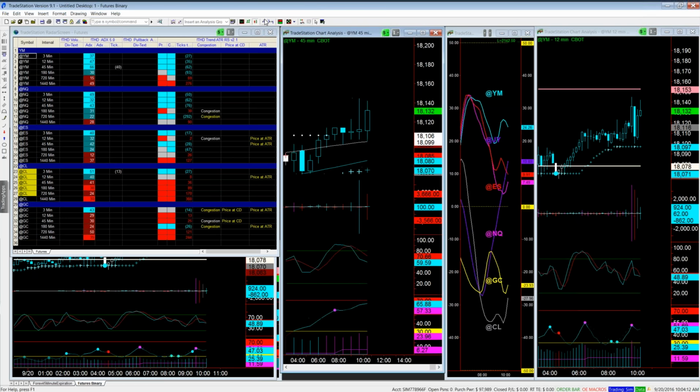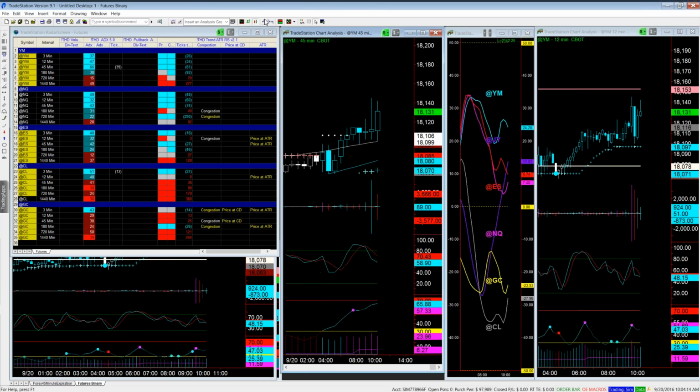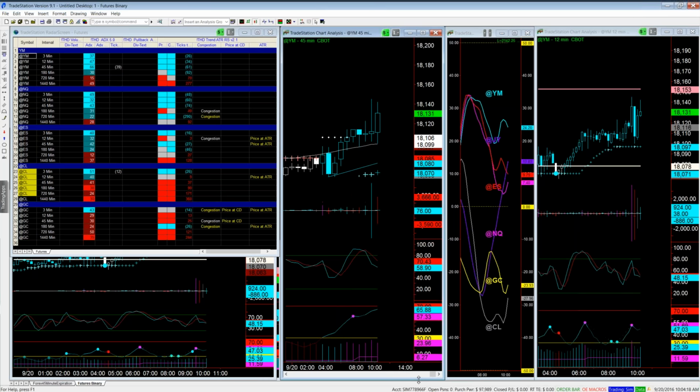What I would like to see actually on the Dow, because I think we're going to get some downward movement, is I would like to see it actually tag the 18153. I would like to see price go up to there, and if it does, then I would anticipate it to pull back some.